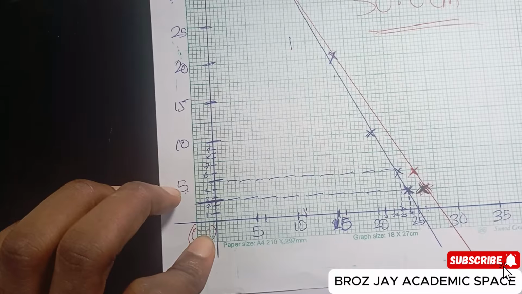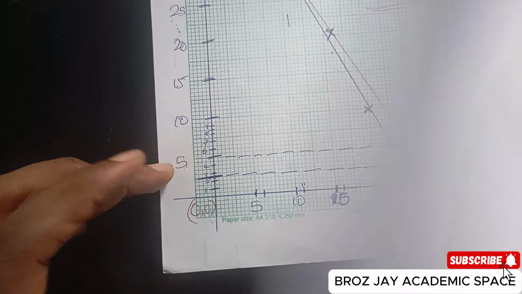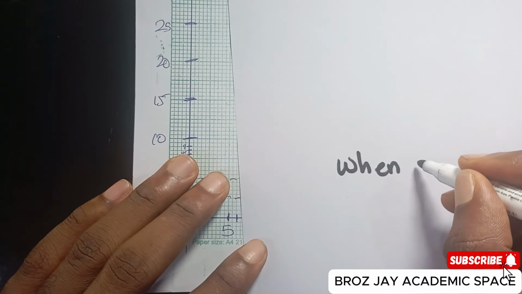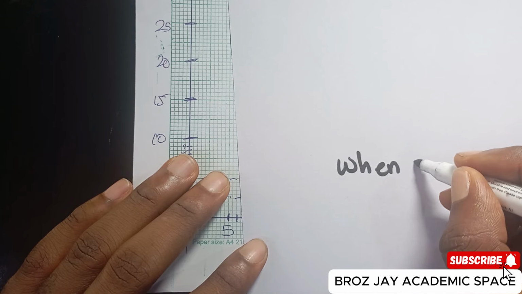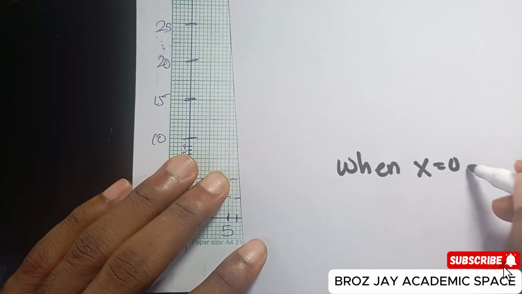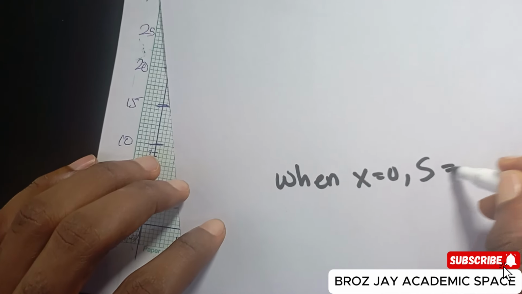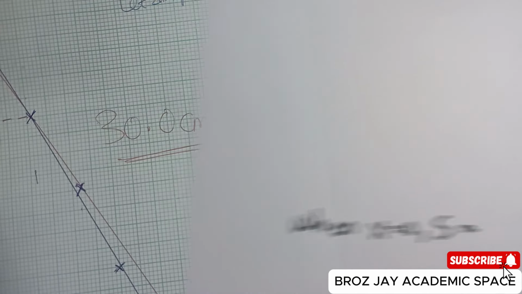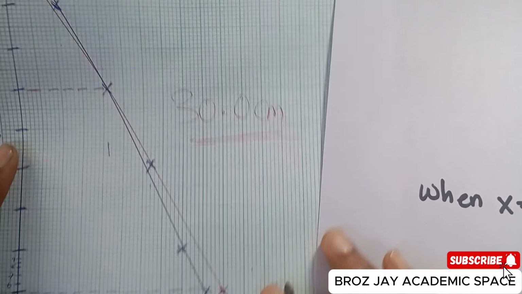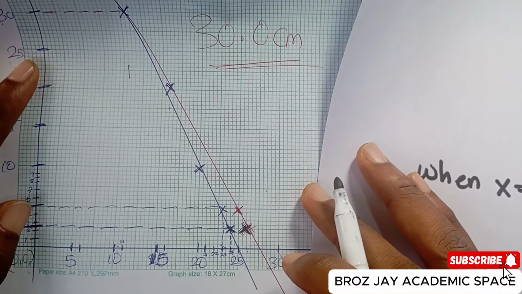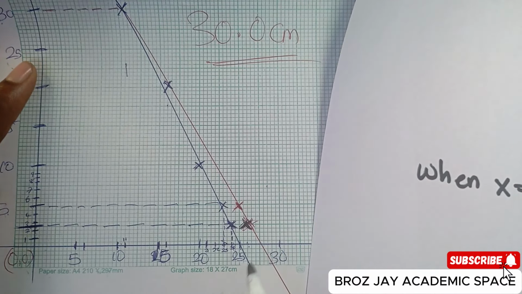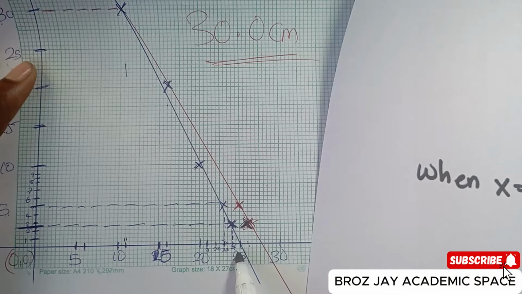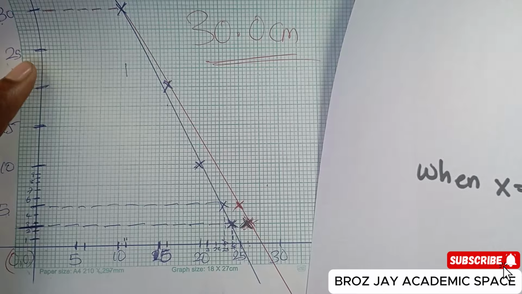When s is equal to 0, my x is equal to... let's look at our graph. My s is equal to 25.0.